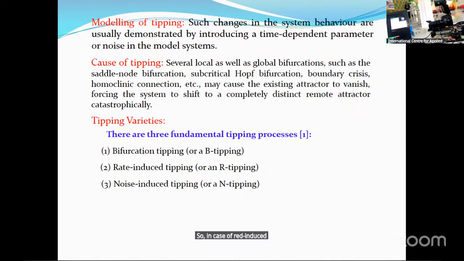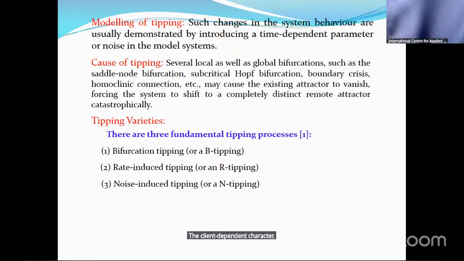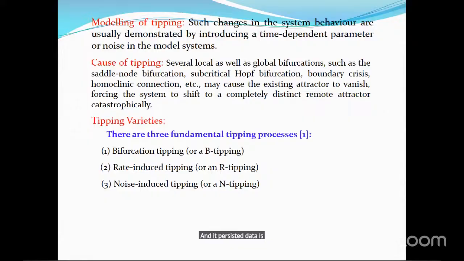In case of rate-induced tipping, the time-dependent parameter changes very fast, and your system is unable to cope with these fast changes. So in the case of RTP, the parameter does not cross any bifurcation value. Without crossing the bifurcation value, your system may tip.